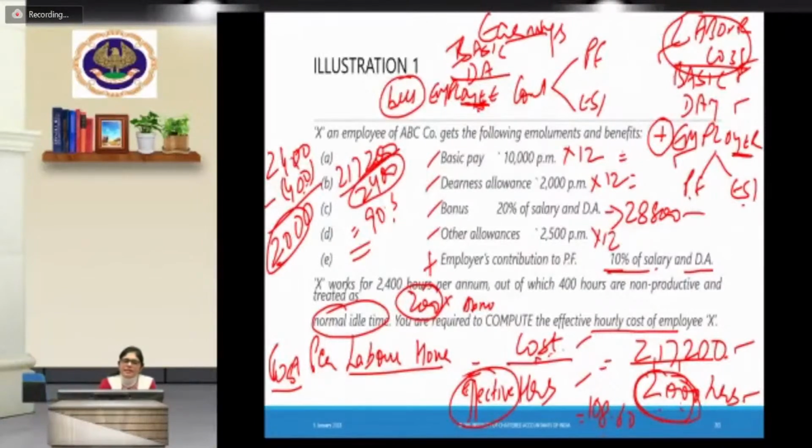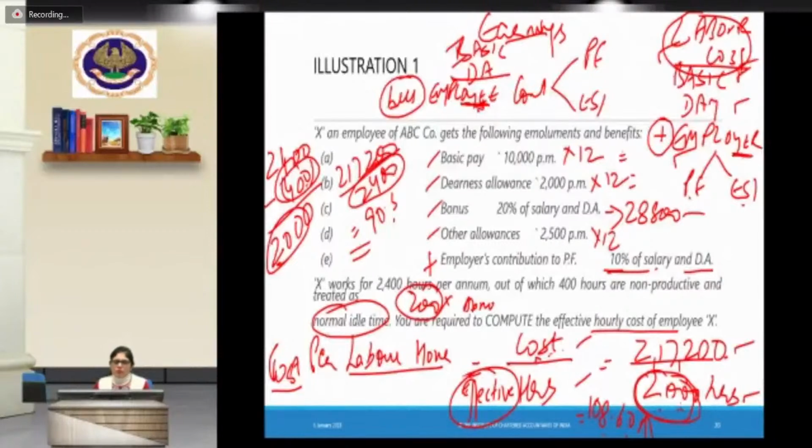The 400 hours cannot cover the cost because they were non-productive. So my cost has increased from 90 to 108. So we can say normal idle time increases the labor cost per hour.